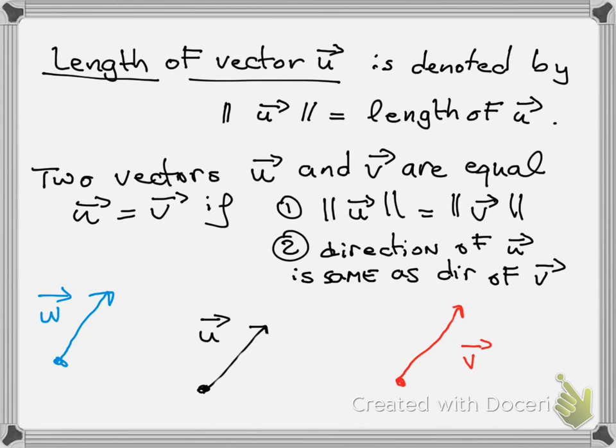So you can also have another vector here, or here, or here, or here. All these vectors have the same length and the same direction, so they are equal. They represent the same vector. So all these vectors are the same.